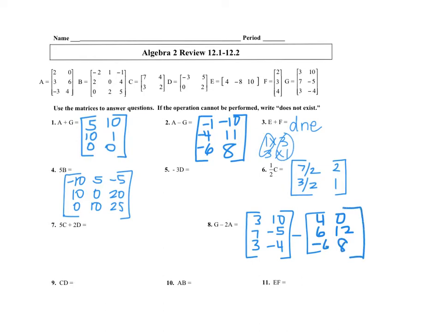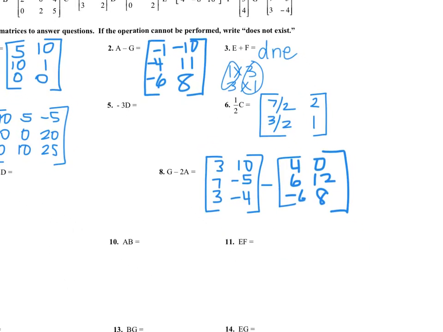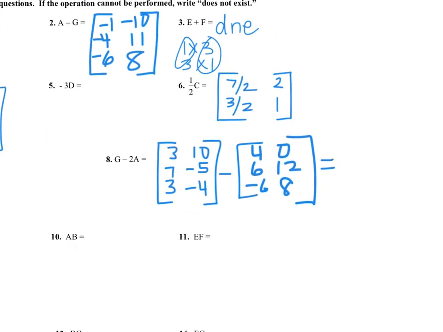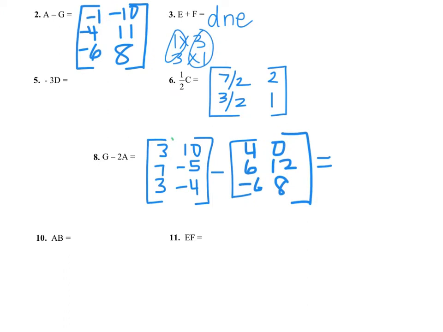Okay? So I wrote them down. I wrote G down, and this is 2 times A. And now I'm going to take those, and I'm going to subtract them. Okay? So every single corresponding element in the same spot. So 3 minus 4 gives me negative 1.